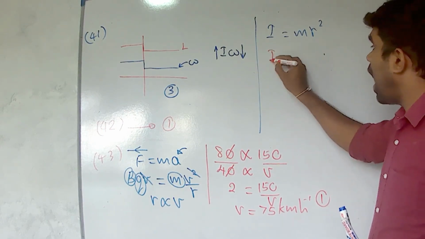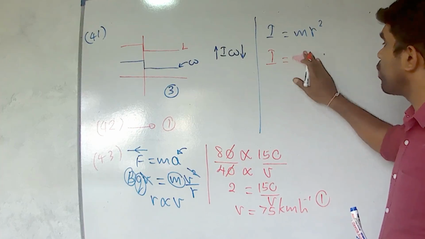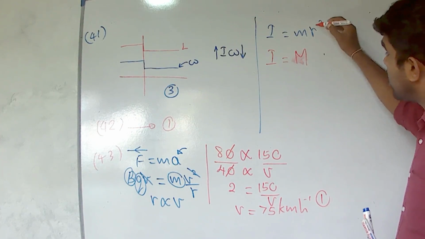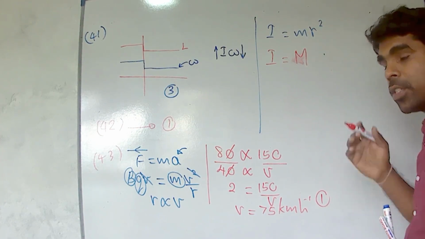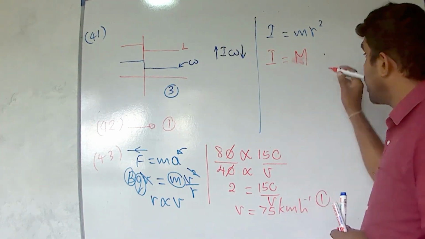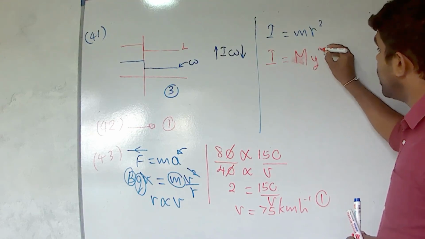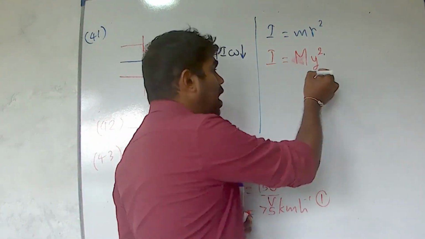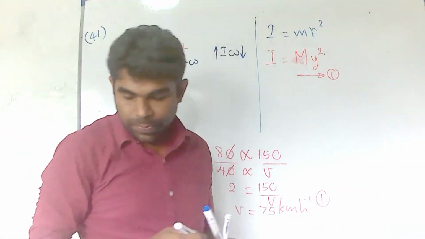Then we can get I equals M, the mass of the rod, given as capital M. R is the distance from the rotating axis to the object. It is Y. Then we can get MY squared as the answer. First one is the answer for question number 44.